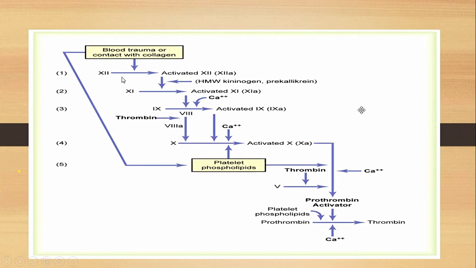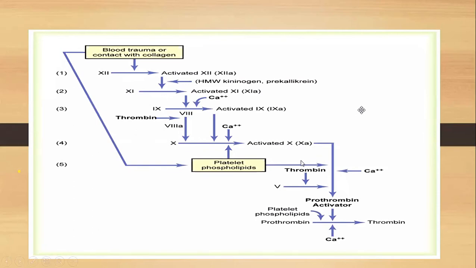This activates factor 12, then you have HMW kininogen, high molecular weight kininogen, or prekallikrein. It activates factor 11, then in the presence of calcium again, activates factor 9, and then activates factor 8 down the cascade.